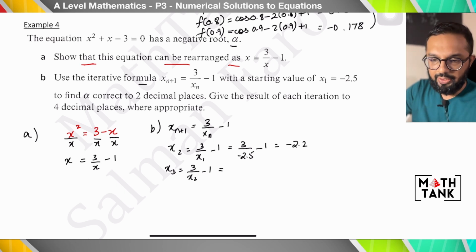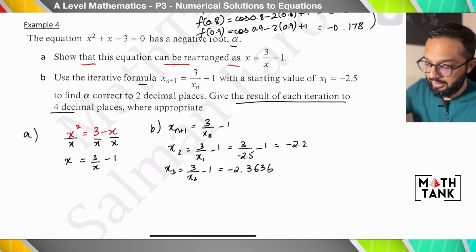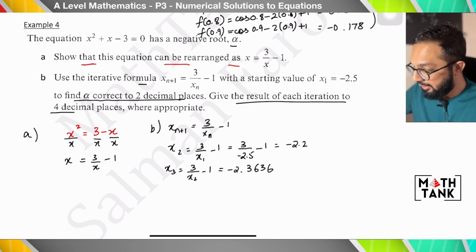Let me show you something, and I'll tell you what the shortcut is. This gives me a huge value, minus 2.3636. It's saying give the result of each iteration to 4 decimal places and find alpha correct to 2 decimal places. So your alpha in this case, I'm finding values for alpha, would be minus 2.36.